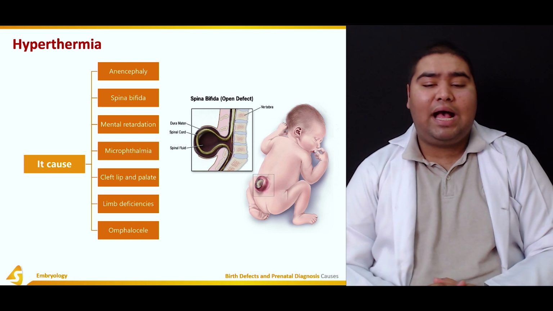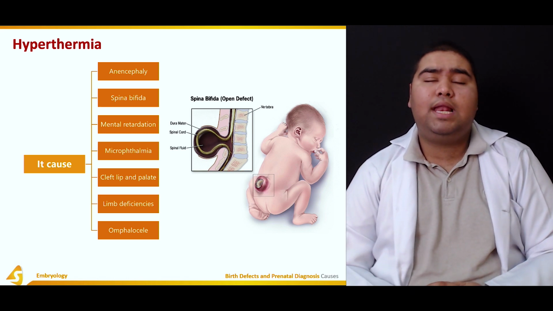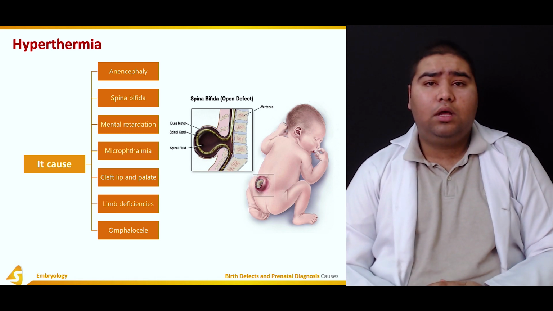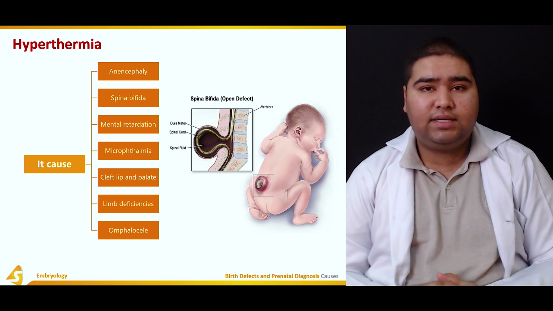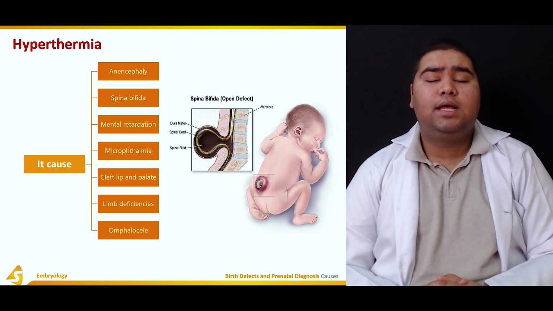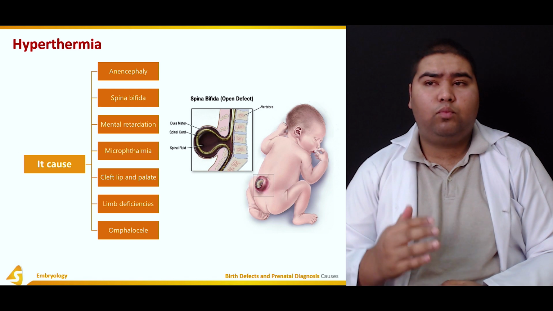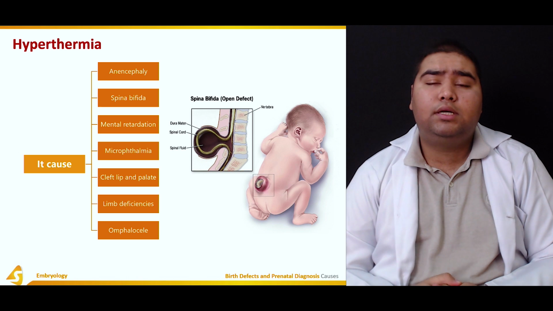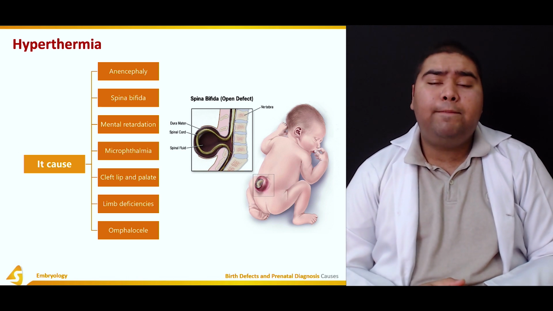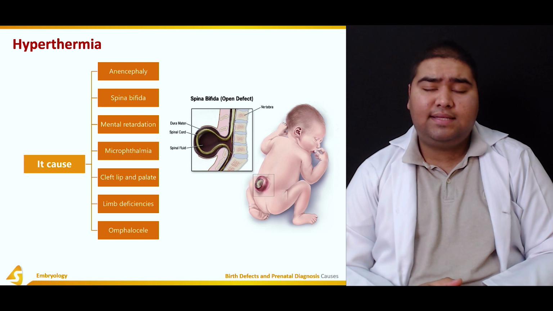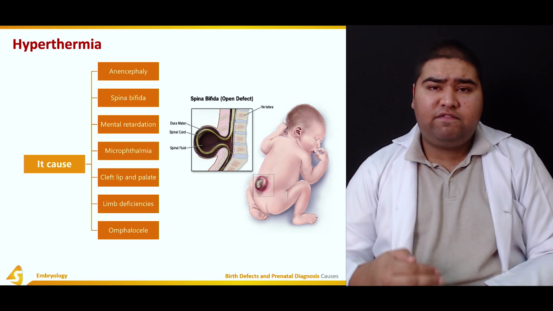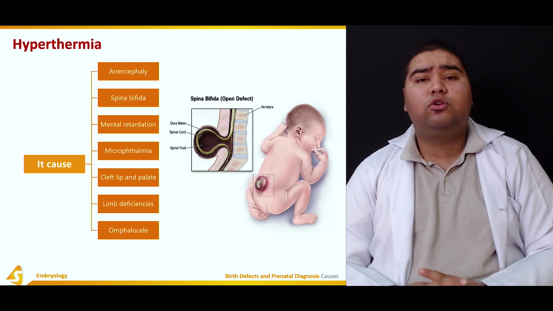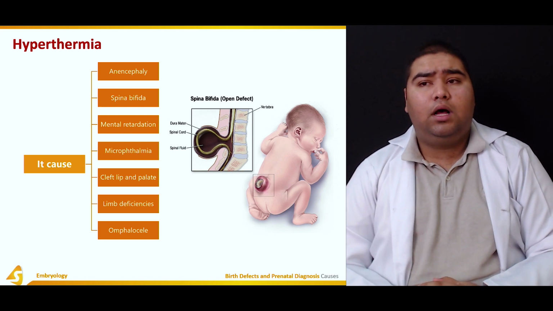And lastly, we can have omphalocele. Omphalocele is basically when there's failure of the physiological hernia to come back into the abdominal cavity, as a result of which there's a defect in the ventral body wall, and it is associated with chromosomal abnormalities.